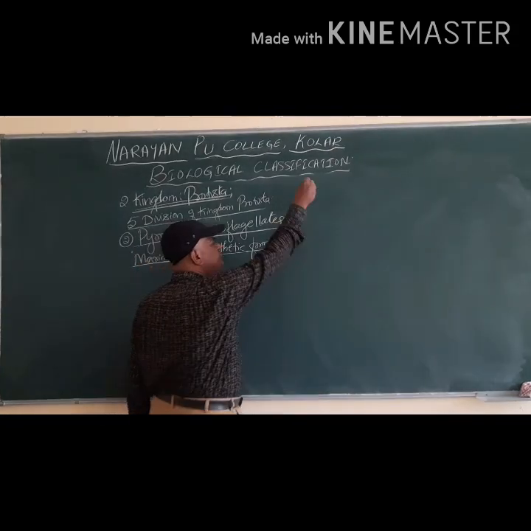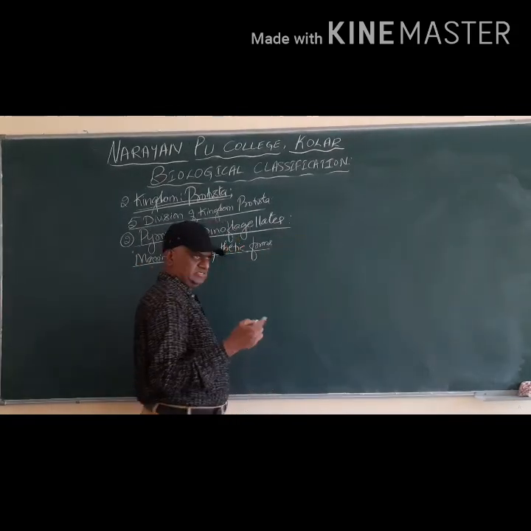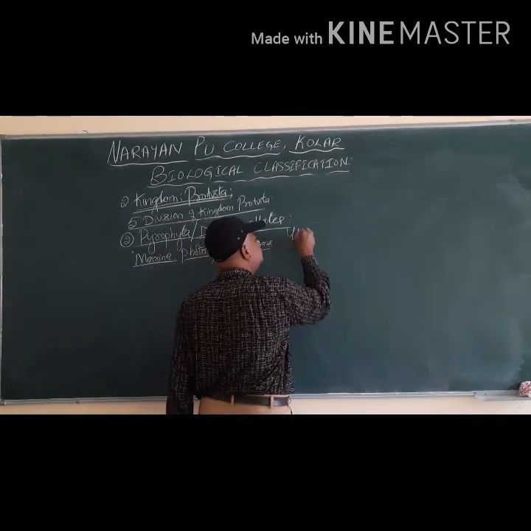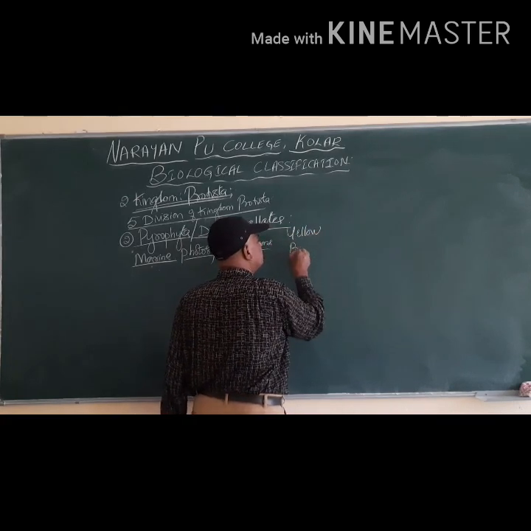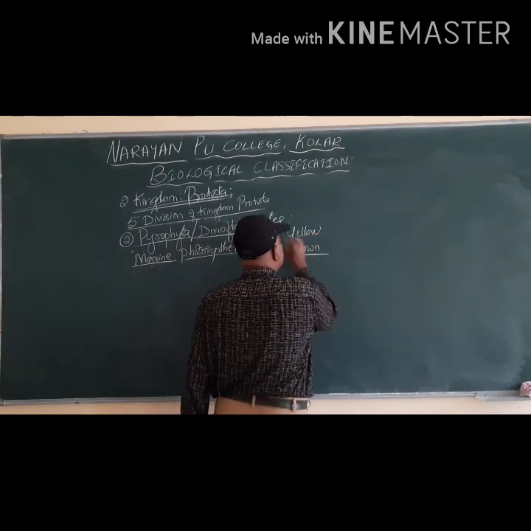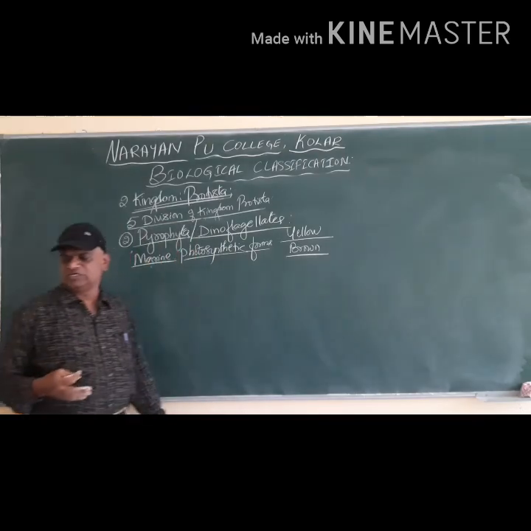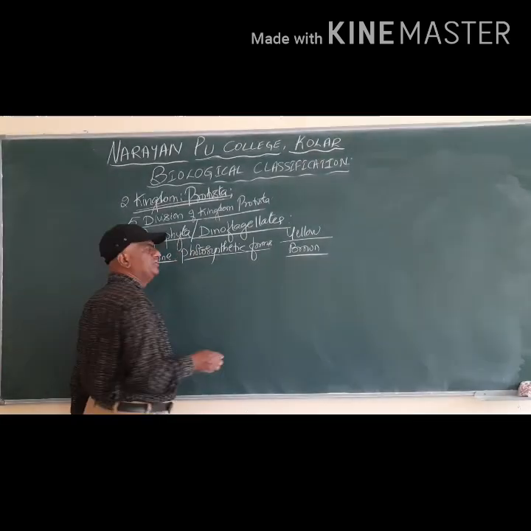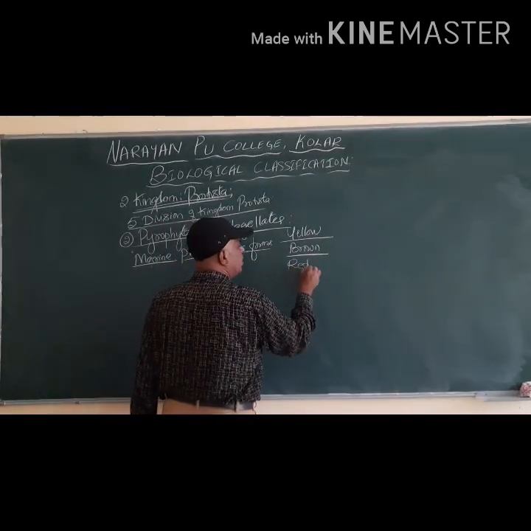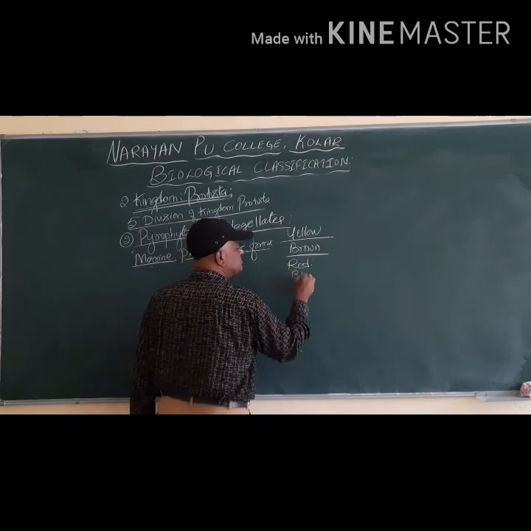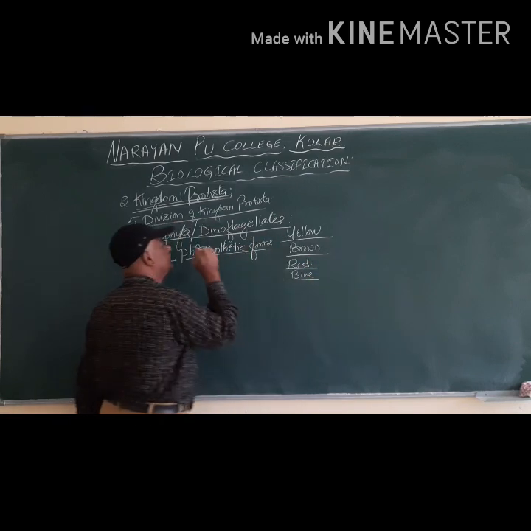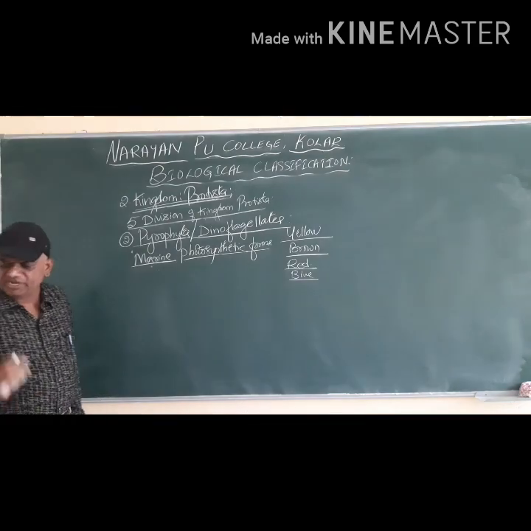And they have different types of colors. They appear yellow color, brown color, green color, etc. They have different pigments. So red, brown, green, blue, all these types of pigments are present in the dinoflagellates.